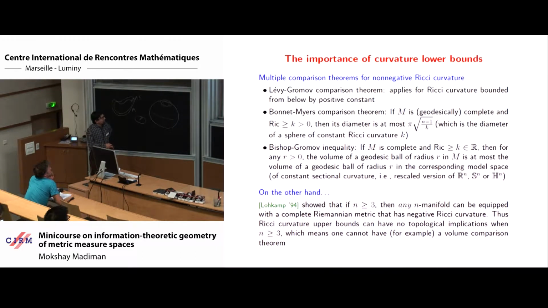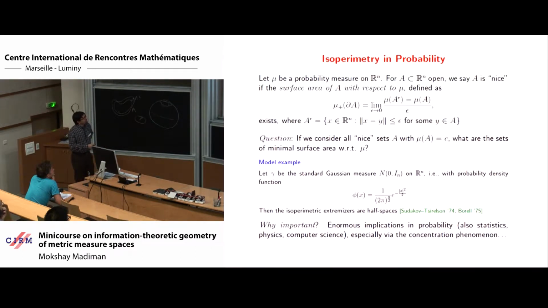So this suggests that these kinds of comparison inequalities would not be possible if you had upper bounds on Ricci curvature, right? So let's keep that in mind, that lower bounds on Ricci curvature are important in geometry, and they're related to questions like isoperimetry and so on.